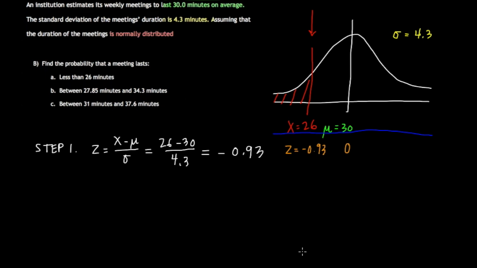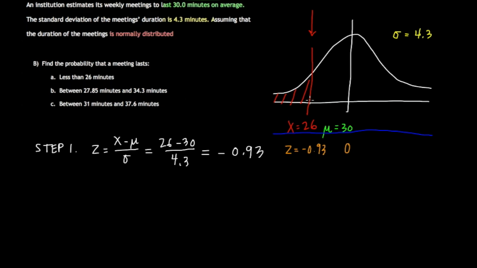This z-score tells me that we are 0.93 away from the mean. And the x, 26, tells me that I am 4 minutes away from the mean, okay? So this is a deviation of 0.93, and it's negative, so it's on the left-hand side, okay?